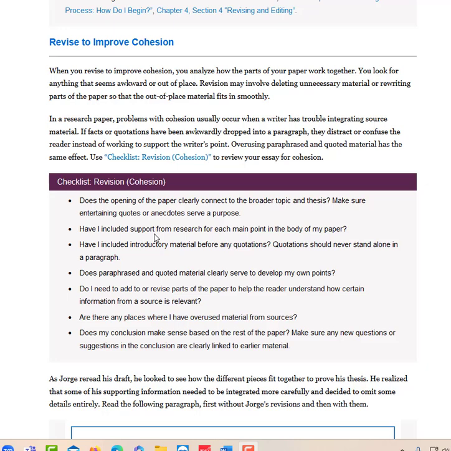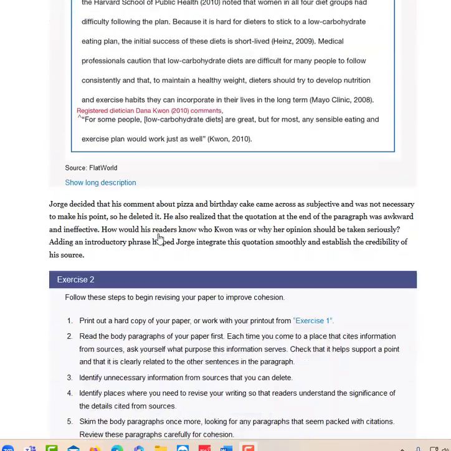Do I need to add or revise parts of the paper to help the reader understand how certain information from a source is relevant? Are there any places where I have overused material from sources? Does my conclusion make sense based on the rest of the paper?